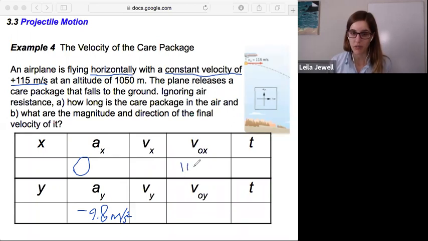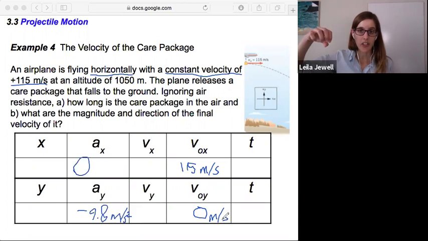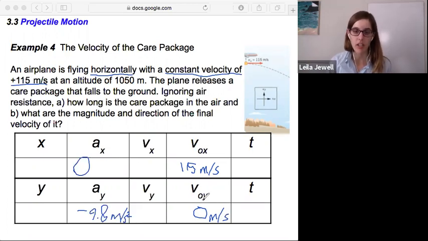We have 115 meters per second going purely horizontally. And similarly, we have 0 in the vertical direction of velocity initially. For a brief instant, that package is just hovering there. As gravity pulls it down, it begins to move faster and faster down toward the ground.